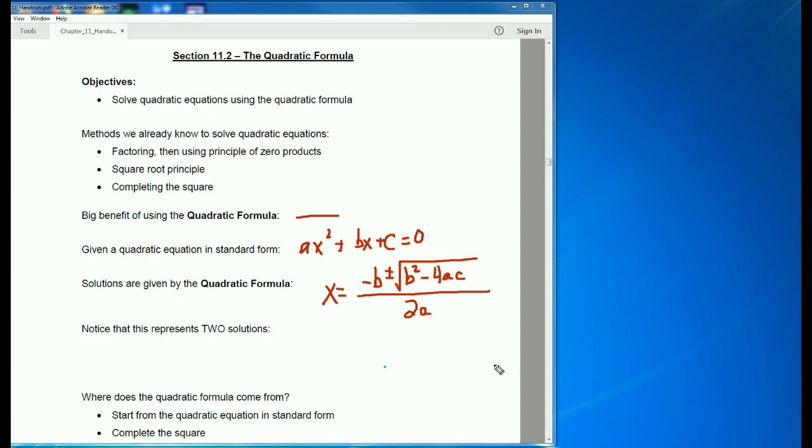Okay? You must memorize that. I know it looks hideous. Write it down. Say every time you use it, just write the formula down. It will help you remember it.